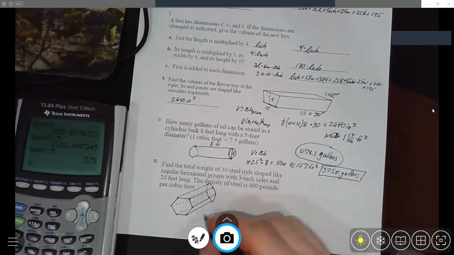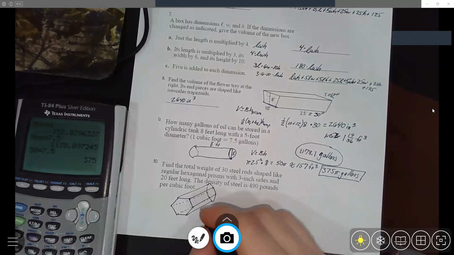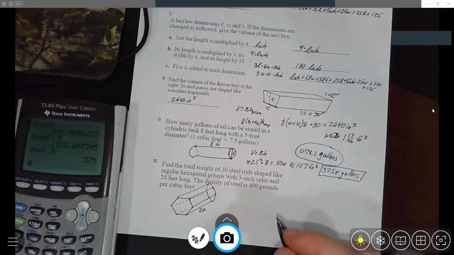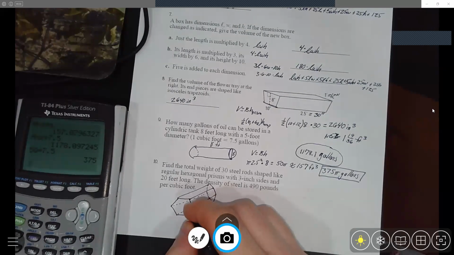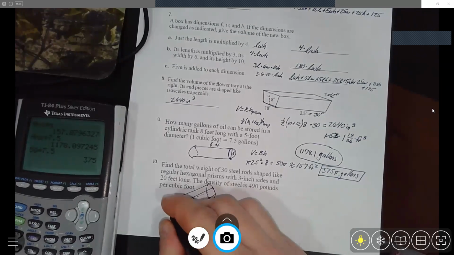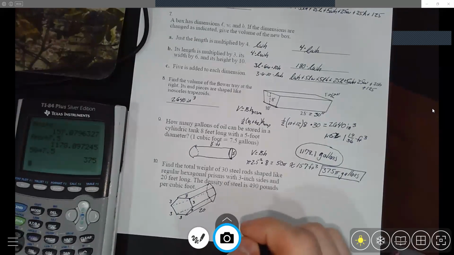You knew this. Okay, so this is 20, and it's got 3-inch sides. So this is 3, 3, 3, 3, 3, 3. And we've got to figure out the volume of one rod.